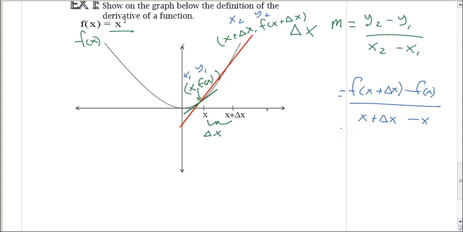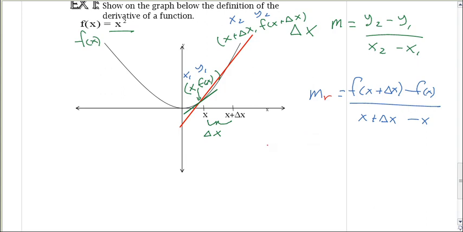So that is the average rate of change, but that's not the green line. The green line has a slope as well. That's the red line slope, so let me put m, and then a little r for red line. Our goal is to push this red line to become the green line, and we need a limit to do that.